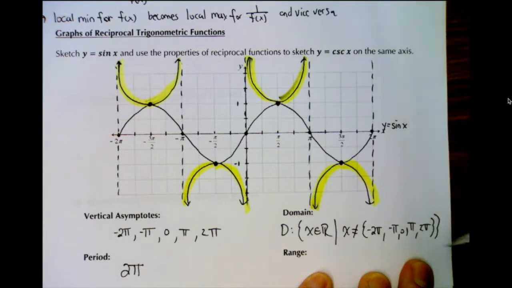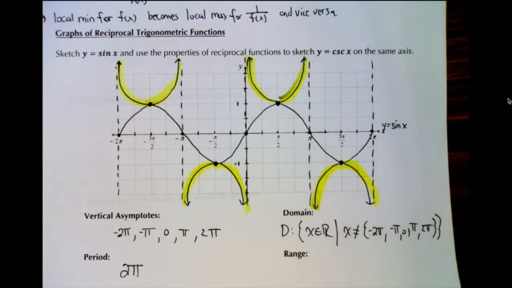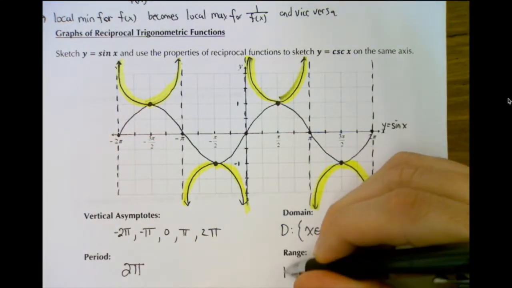And there is series notation to write a little mini equation for where each vertical asymptote is, but for our purposes, since we only graphed 2 cycles, we'll just write our domain for the 2 cycles. And we can do the same for our range.